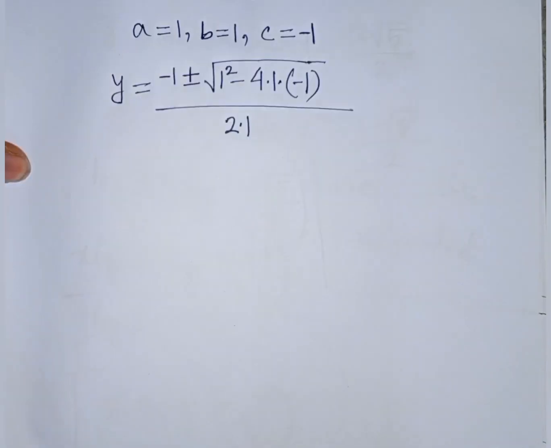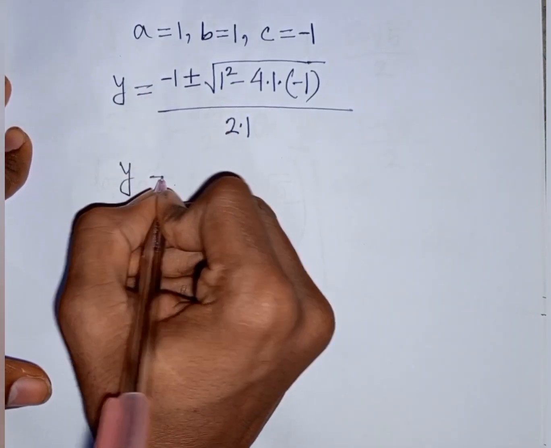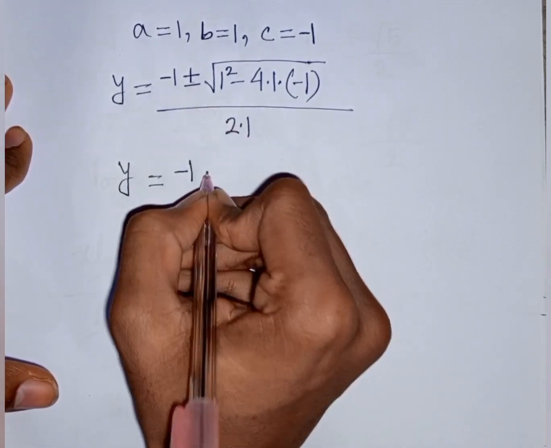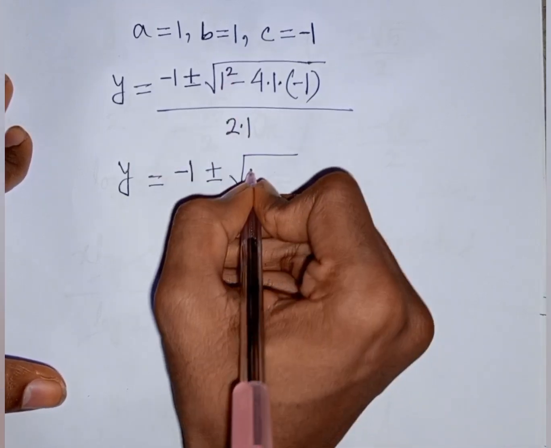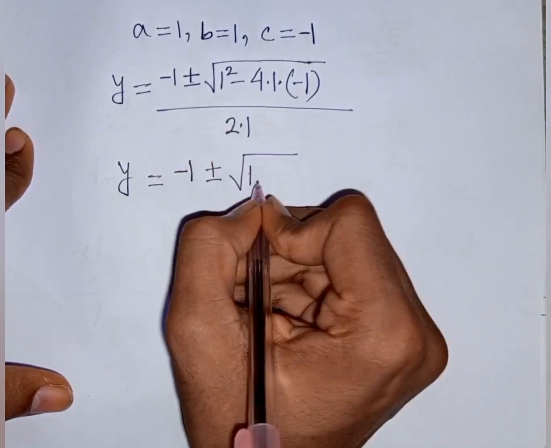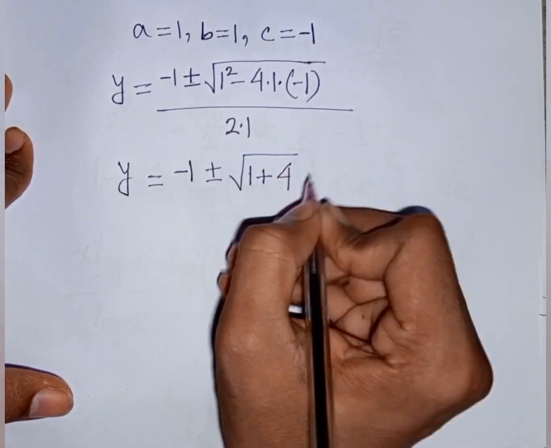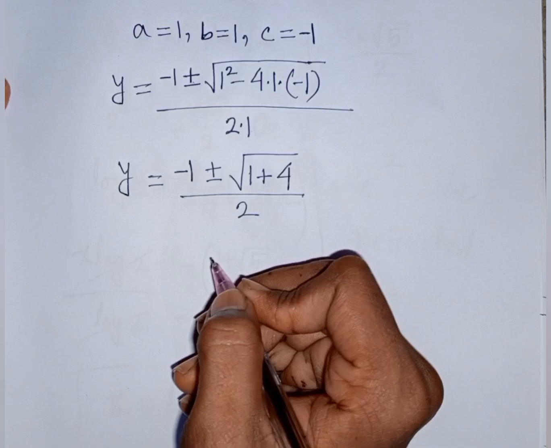Now we can write here y is equal to minus 1 plus or minus square root of 1 square is same as 1, then minus times minus, that means plus, 4 times 1, that means it will be 4, then divided by 2 times 1, that means 2.